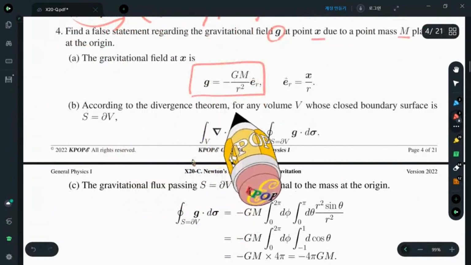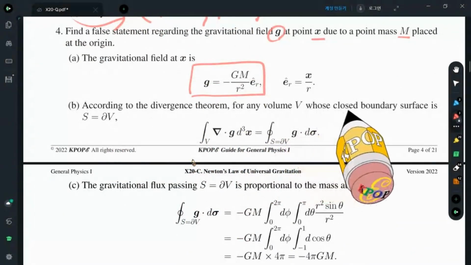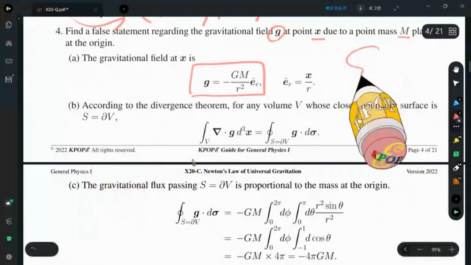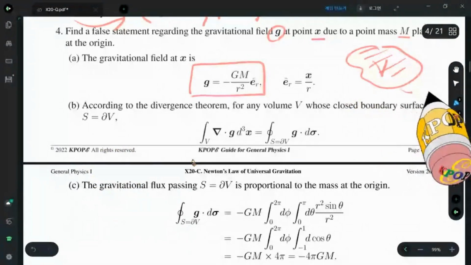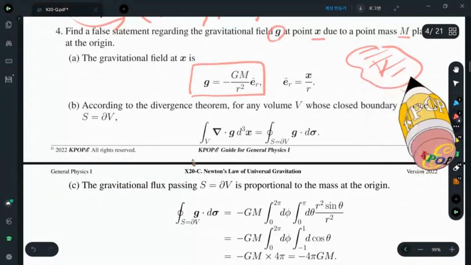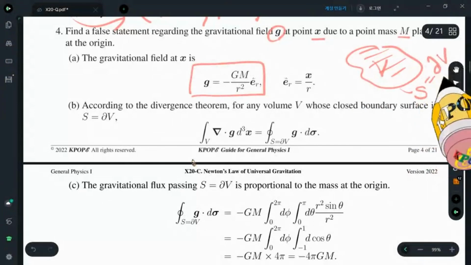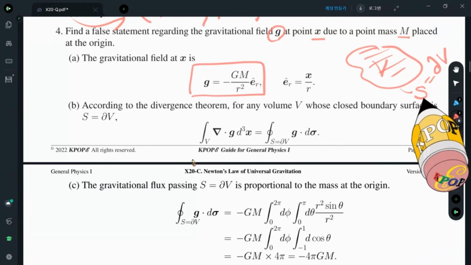According to the divergence theorem, for any volume V whose closed boundary surface is S, so this is a volume, and we have a surface that surrounds the volume V, we use this notation, boundary of V. This is not the derivative, this is the topological expression. The boundary of V is this closed surface.